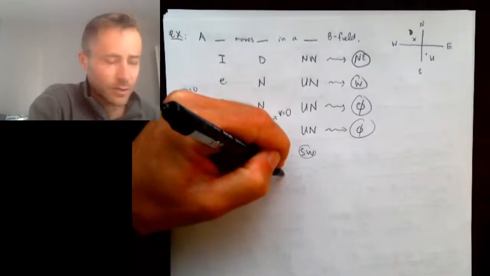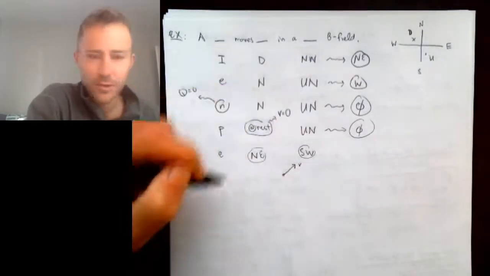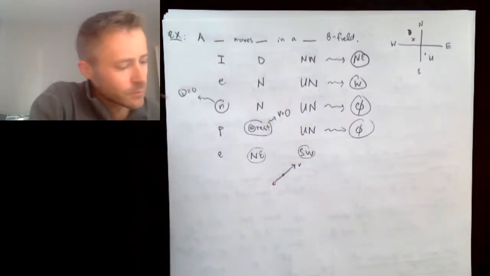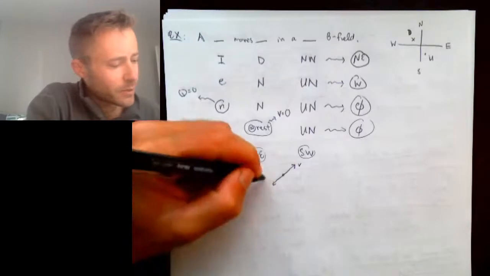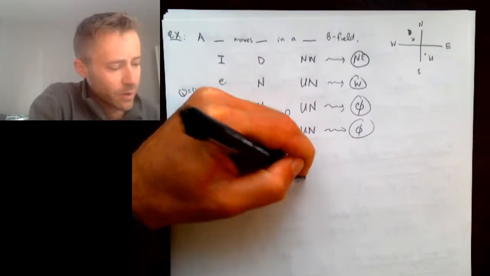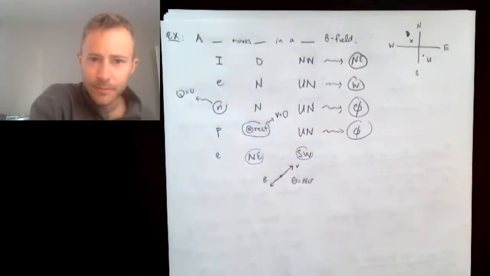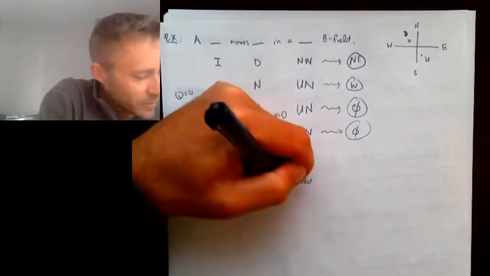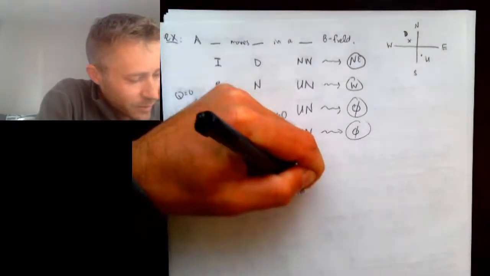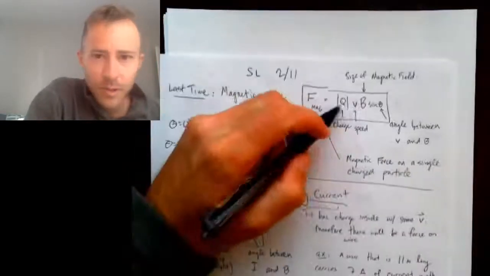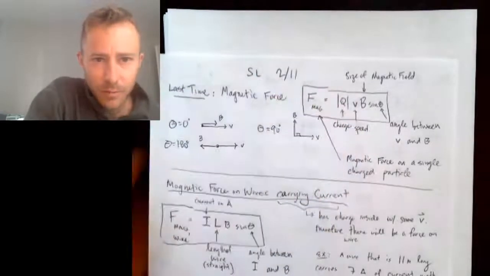Northeast is this direction, so that's the direction of the velocity. The magnetic field is southwest, so I can see that based on this, the angle is 180 degrees. And the sine of 180 degrees is 0. So if we look at our formula, QVB sine theta is 0, which makes the force 0.